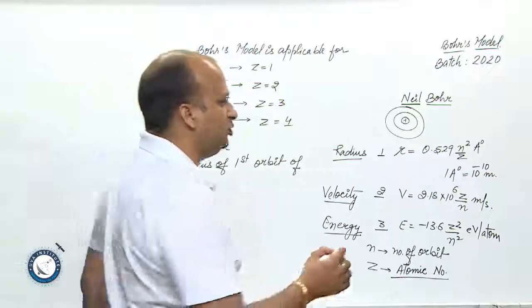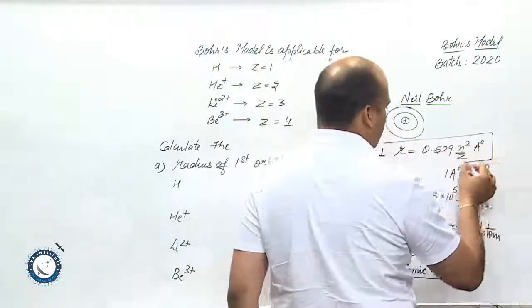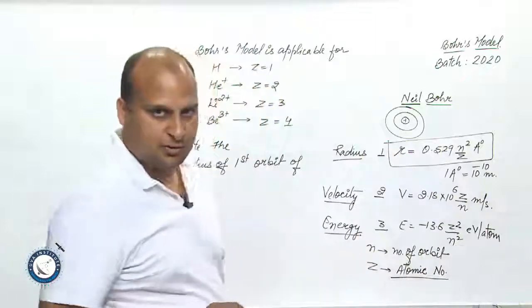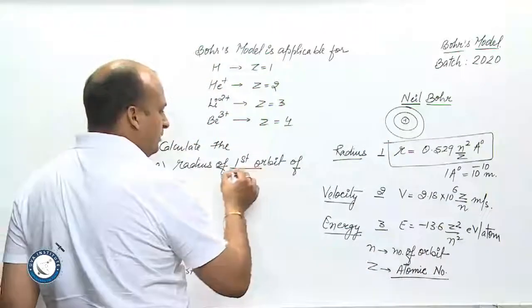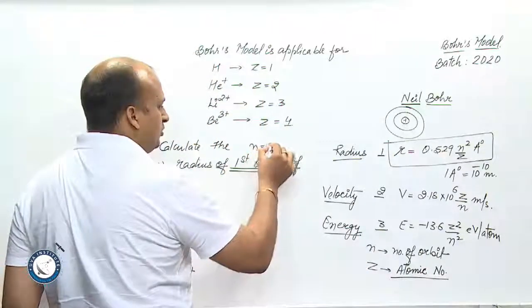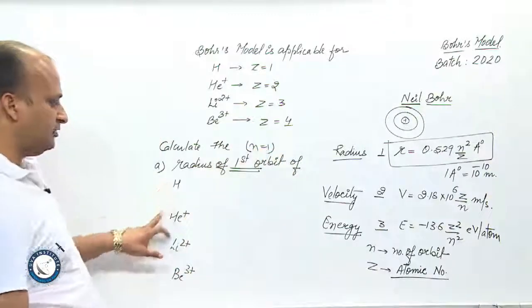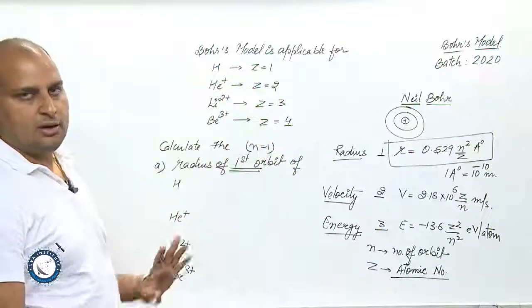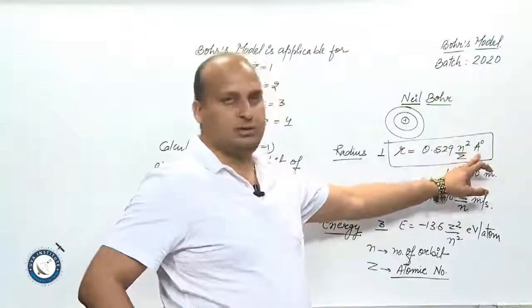So beta, you have to use this formula. When I am saying first orbit, it basically means n is equal to 1. The value of Z I have already given. I want the answer in angstroms only.